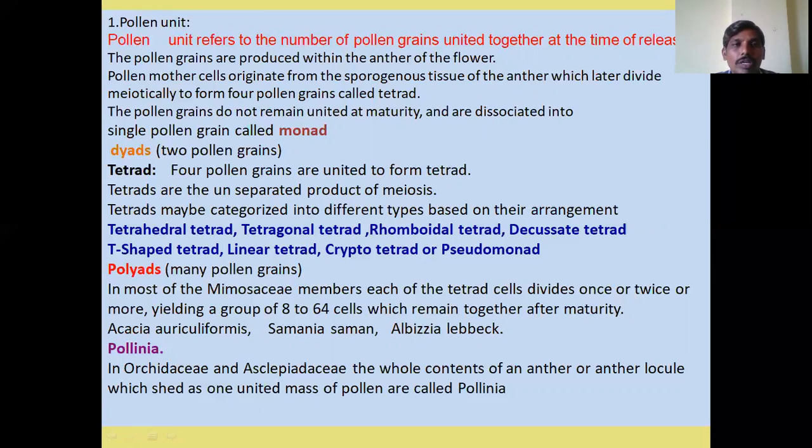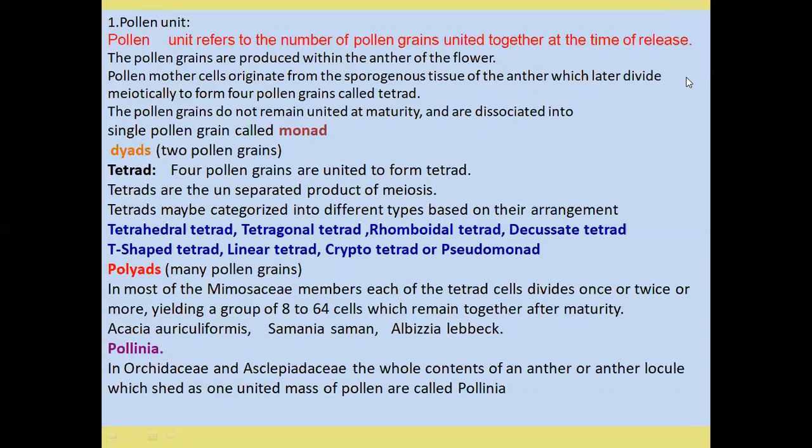Monad means only one single pollen grain at the time of maturity. In some plant taxa, you can see dyads also. Dyads means 2 pollen grains are seen at the time of maturity.